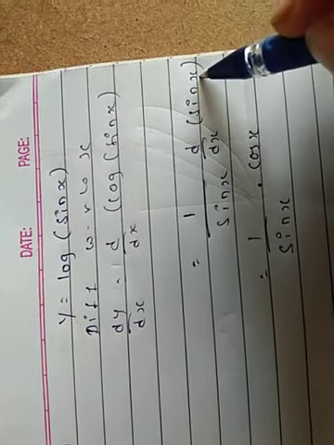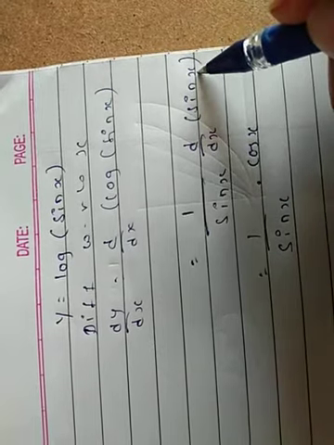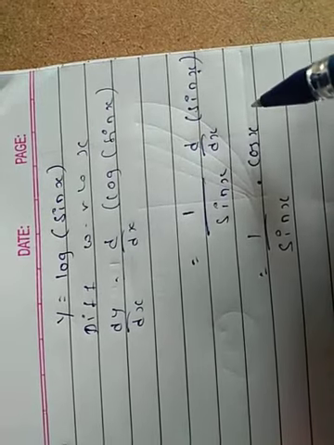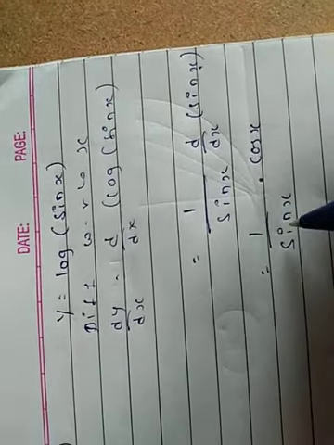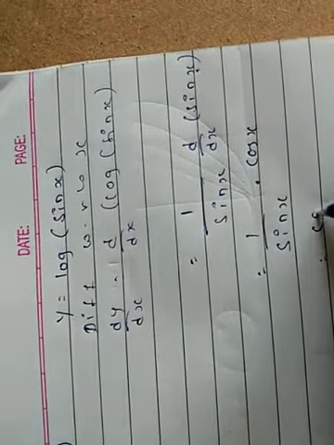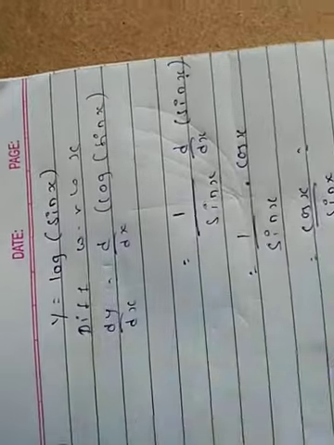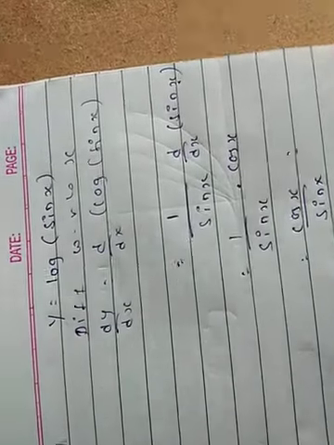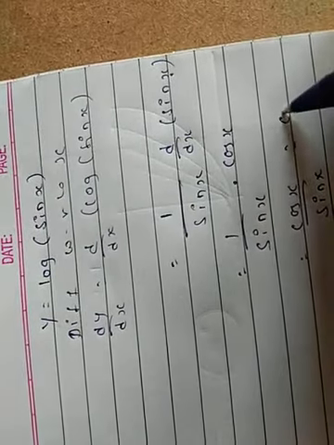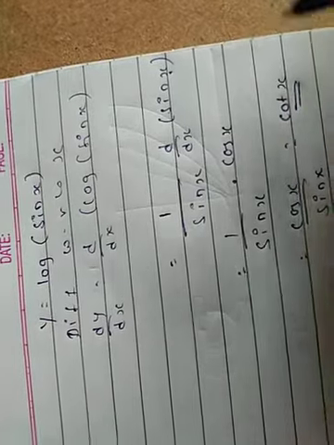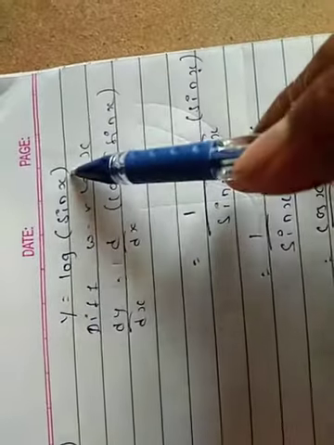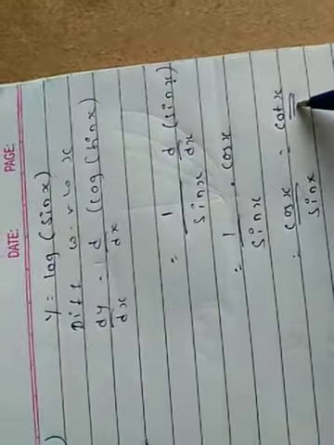The derivative of x is going to be 1. So 1 into cos x into 1 divided by sin x is nothing but cos x divided by sin x, which can be written as cot x. So the derivative of log of sin x is cot x.